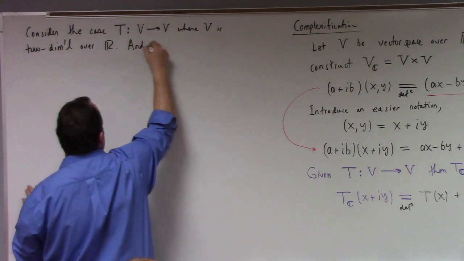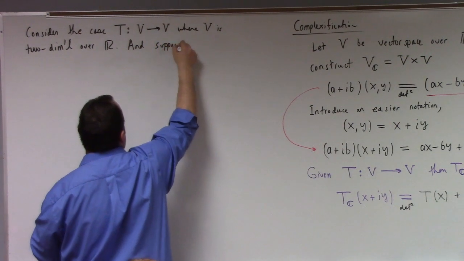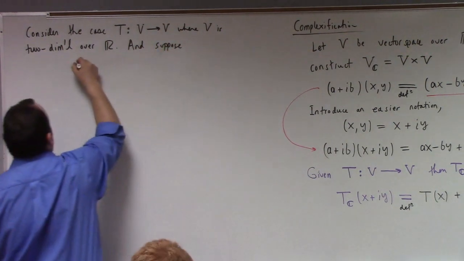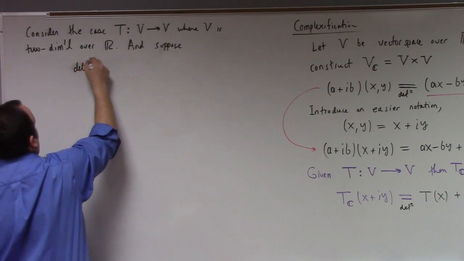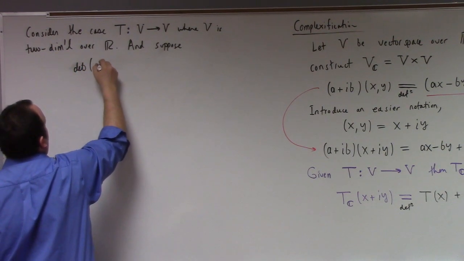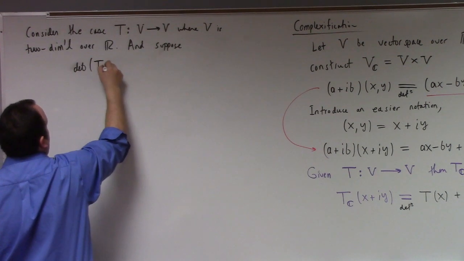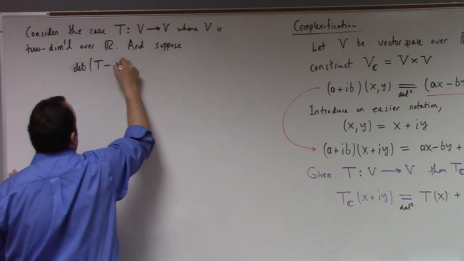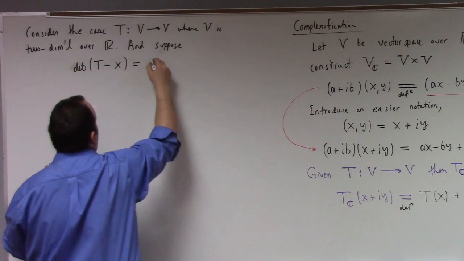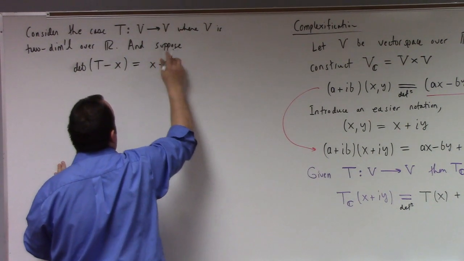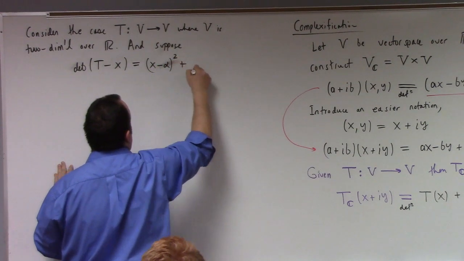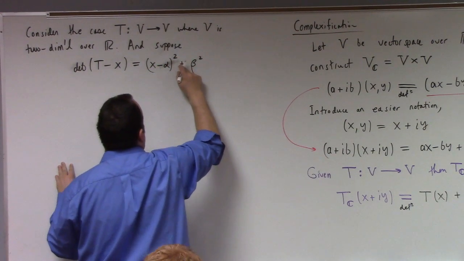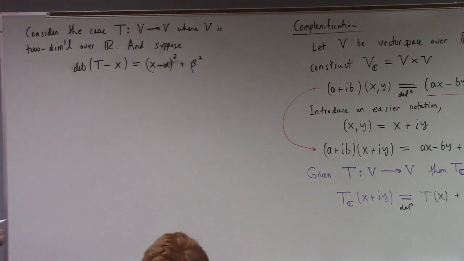And suppose that the determinant of T minus x works out to x minus alpha squared plus beta squared. What would this mean?